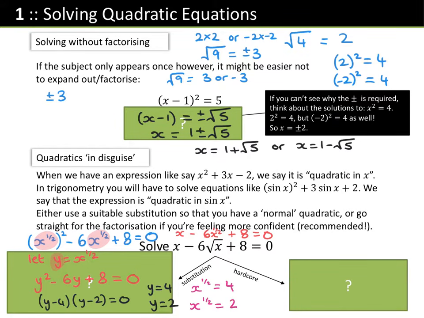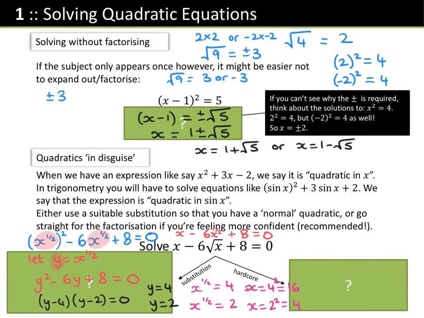We don't want x to the power of a half, we want x. So to get x, we have to square both sides, because that would give us x to the power of 1. So if I square both sides, I'm going to get x equals 4 squared, which is in fact 16, and x equals 2 squared, which is in fact 4. So the answers for the question are 16 and 4.